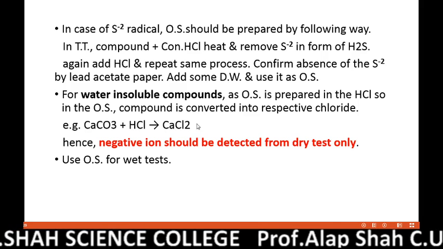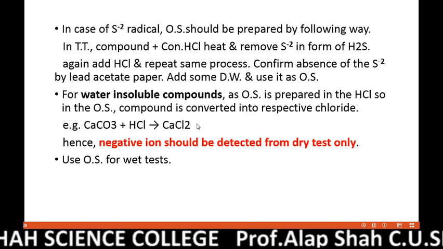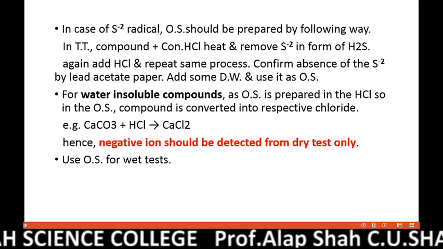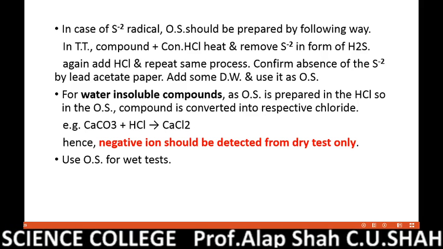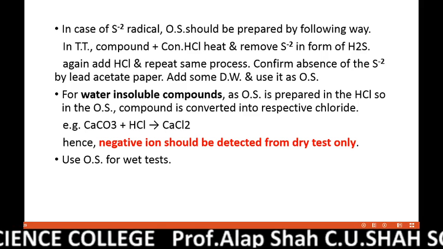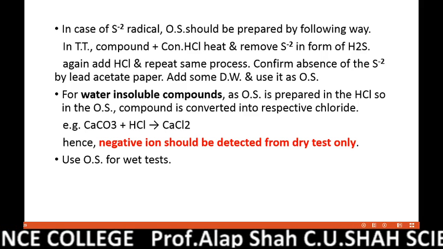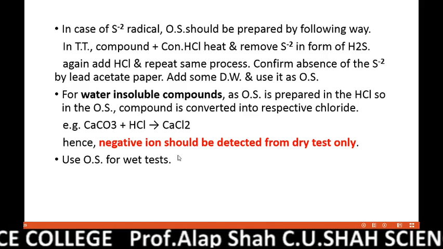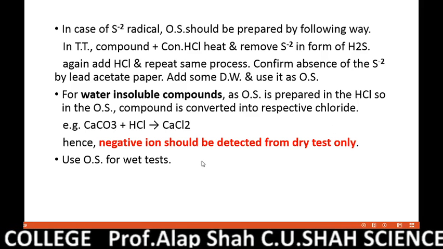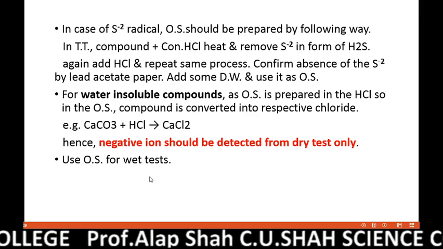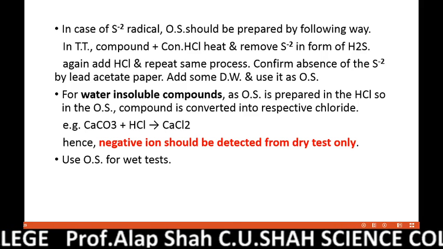So we never perform the wet test of the negative when the compound is water insoluble. This is a very important point, and that's why I have marked it in red. Now this OS is prepared, so you should use it for the wet test.